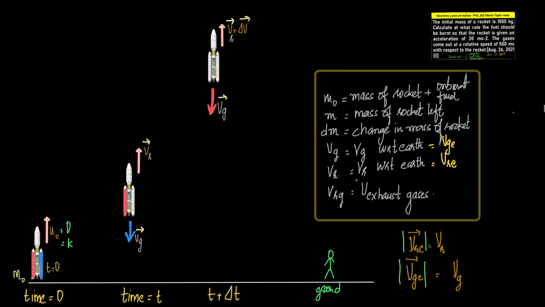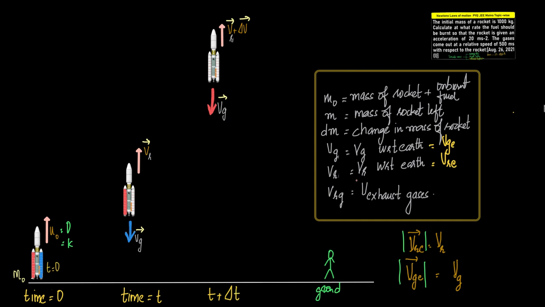Vr is the magnitude of the velocity vector vre, which means velocity of rocket with respect to earth. Vg is the magnitude of the velocity vector vge, which means velocity of gas with respect to earth.